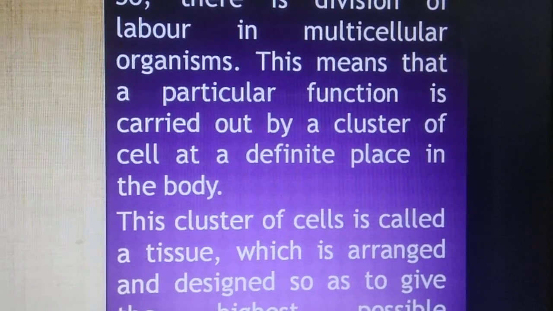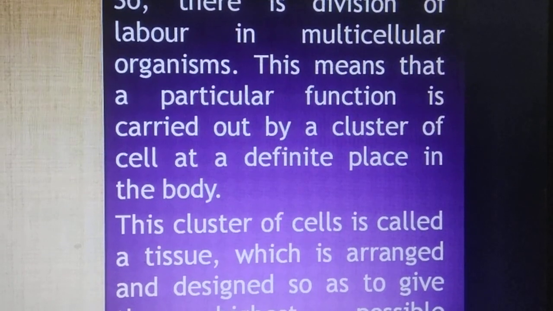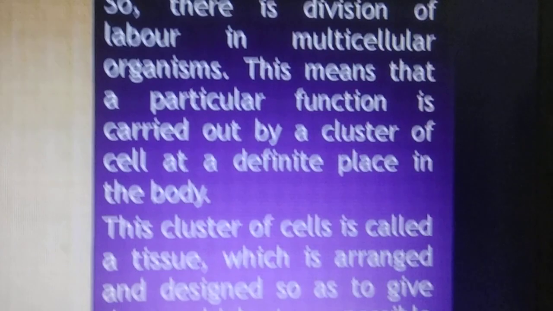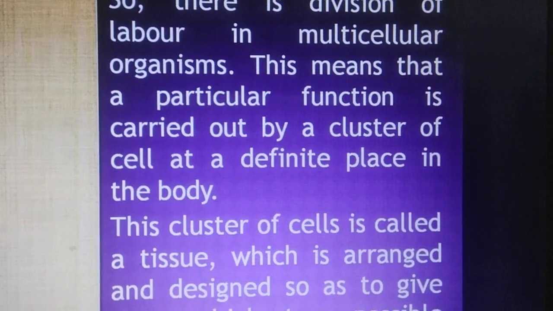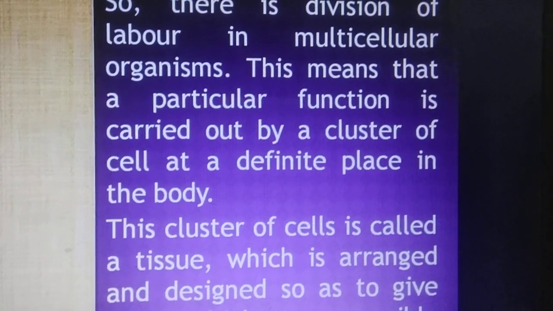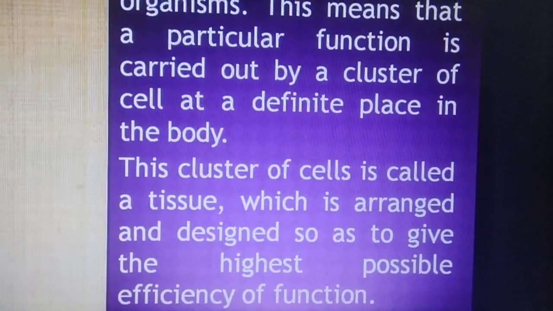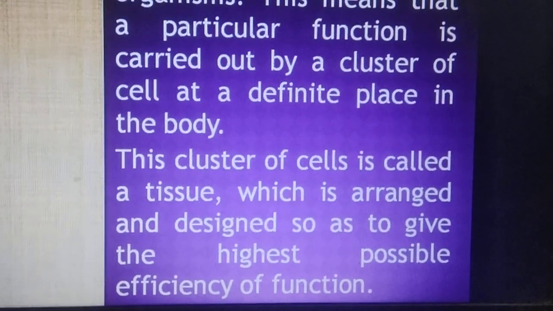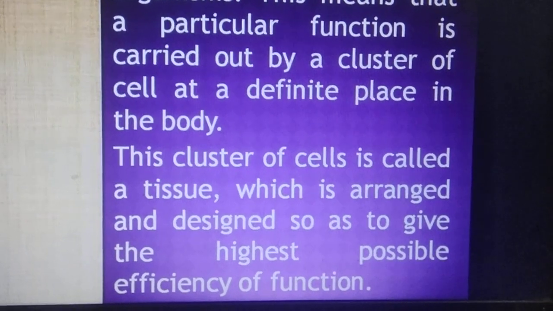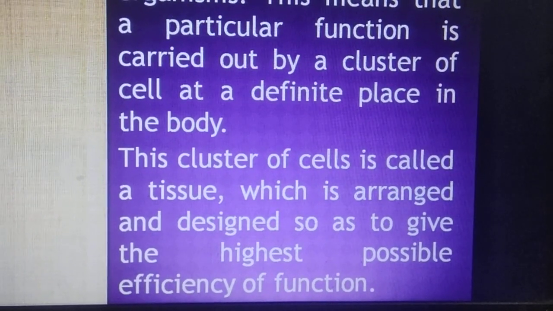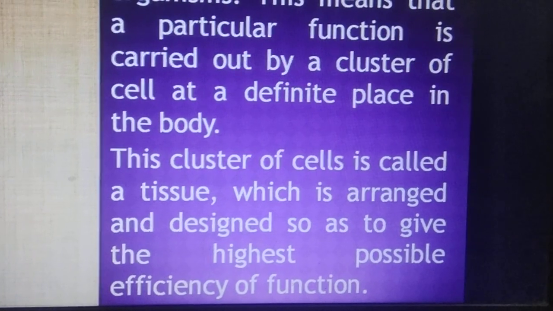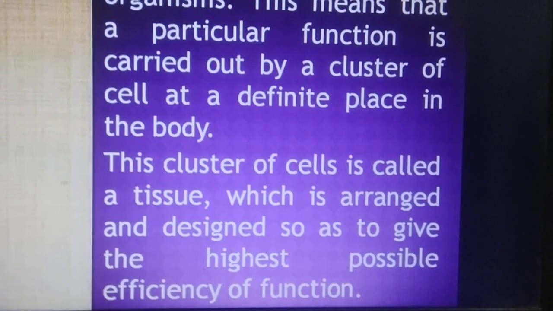Take an example of the excretory system. In human beings, we have two kidneys at the back, and they perform functions related to excretion. Now, this cluster of cells is called a tissue, which is arranged and designed so as to give the highest possible efficiency of function.